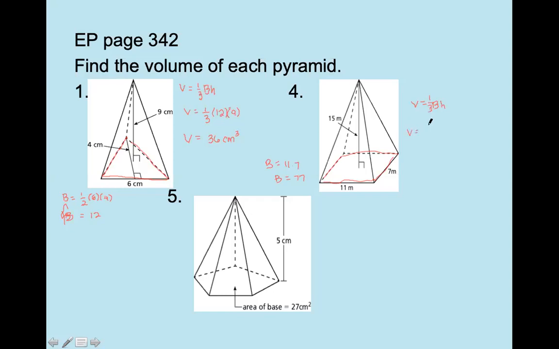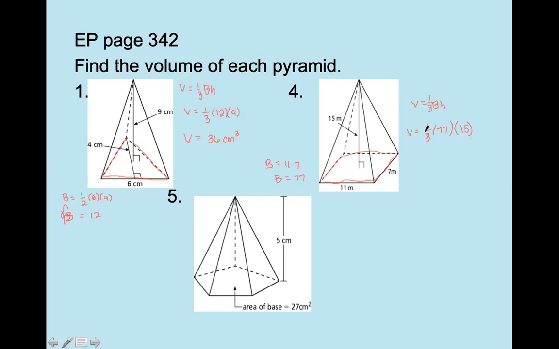So our volume is 1/3 times the base area, which is 77, times the height of the pyramid, which is, in this case, 15. Okay, again, I try to do 1/3 times 77, but 3 doesn't divide into 77 evenly.